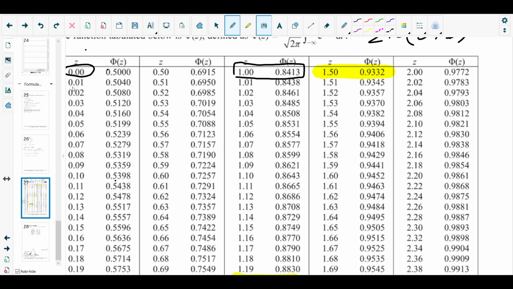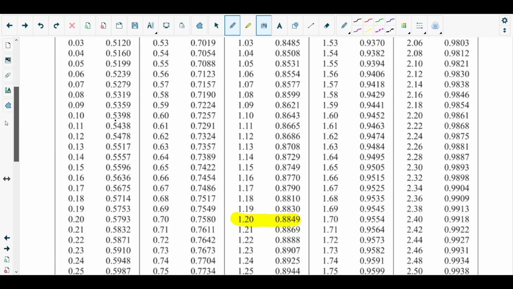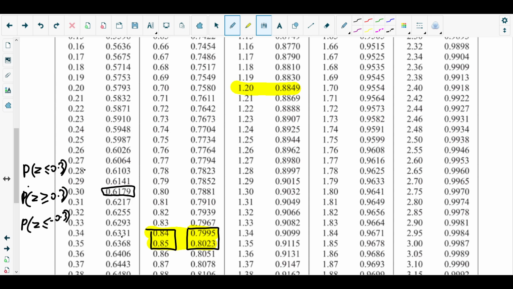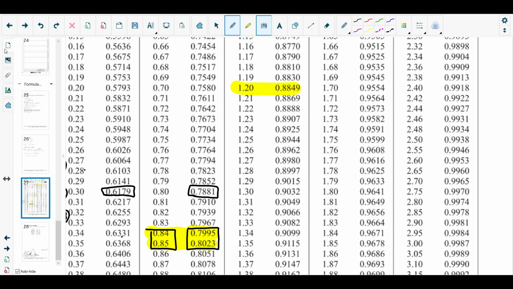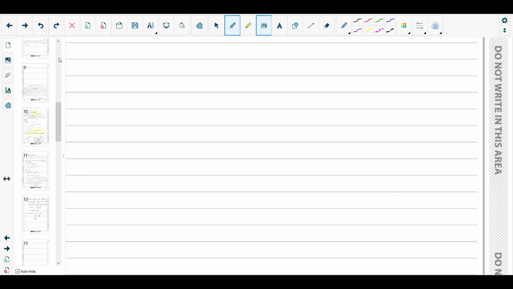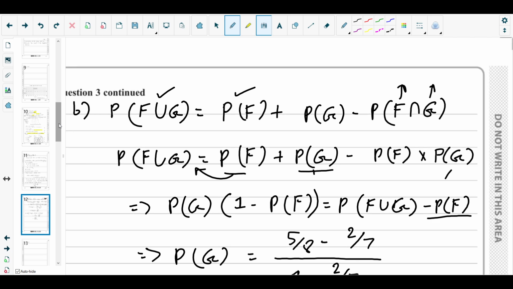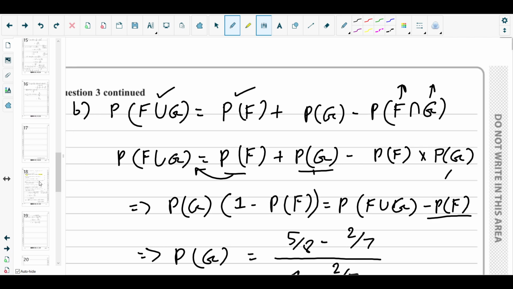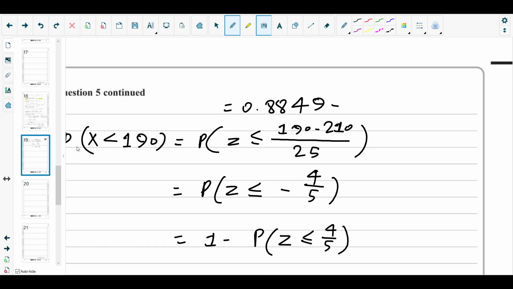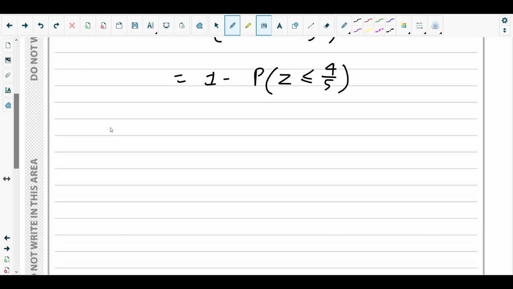Z less than 0.8, look, 0.7881, right? This is basically 0.7881. Okay, we got it. So 1 minus 0.7881.